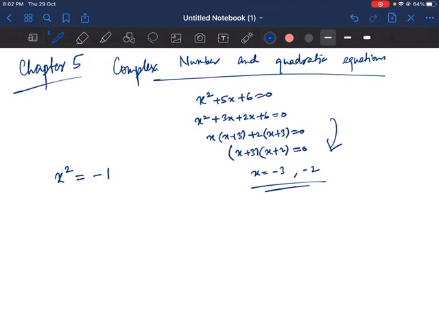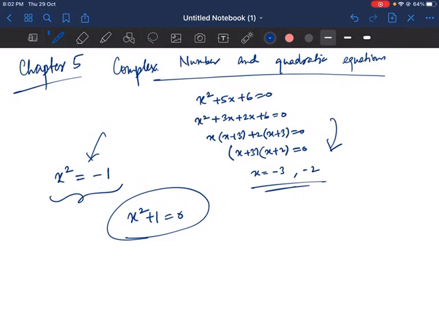But what we see here is that we will have a certain number whose square will be a negative number. So the quadratic equation is like this: x square plus 1 is equal to 0. This is a quadratic equation whose real solution does not exist. So x square is equal to -1. Listen very carefully.